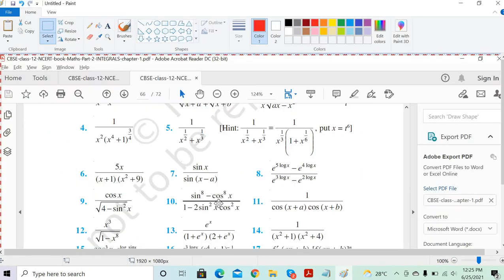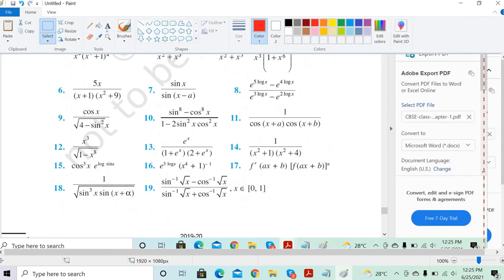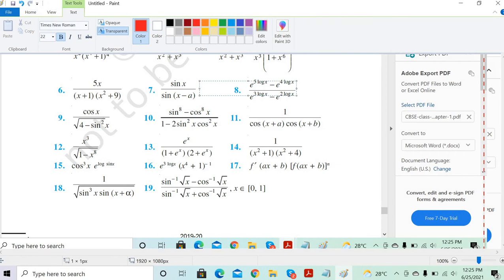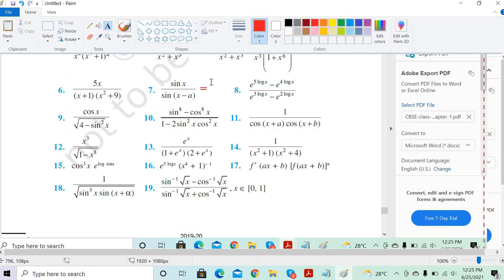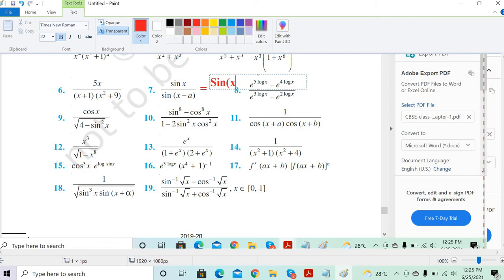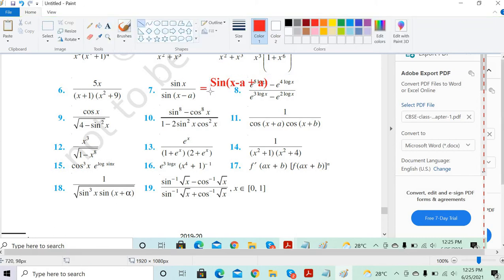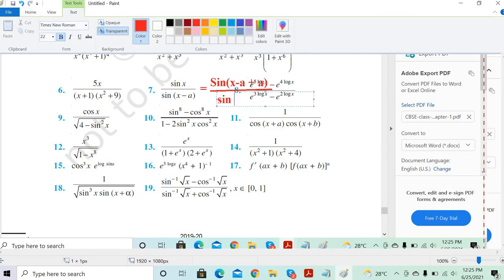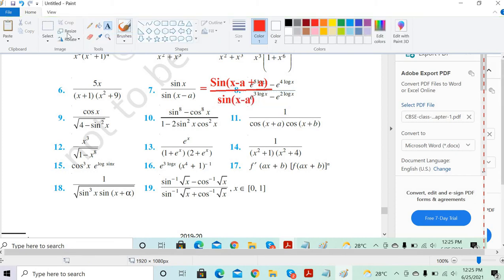That way you try. You should be able to do that. What I'm trying to say is sin of x minus a plus a, the whole divided by sin x minus a.